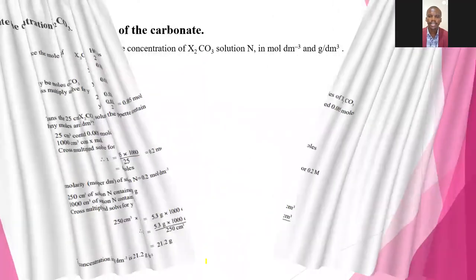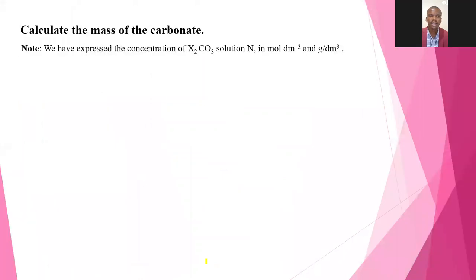Then we are here asked again, calculate the mass of the carbonate. And I've said here, note, we express the concentration of X carbonate solution in moles per dm cubed or grams per dm cubed. So how do we calculate the mass?